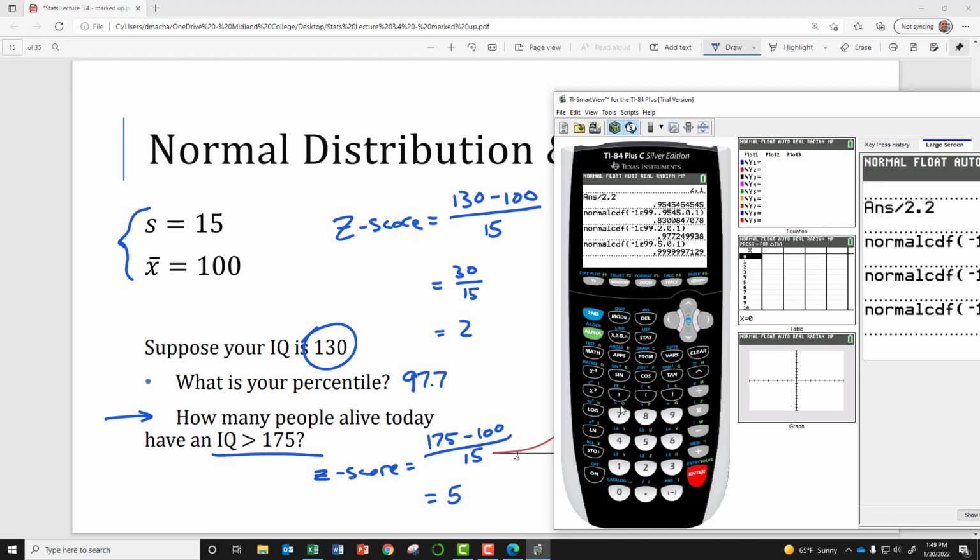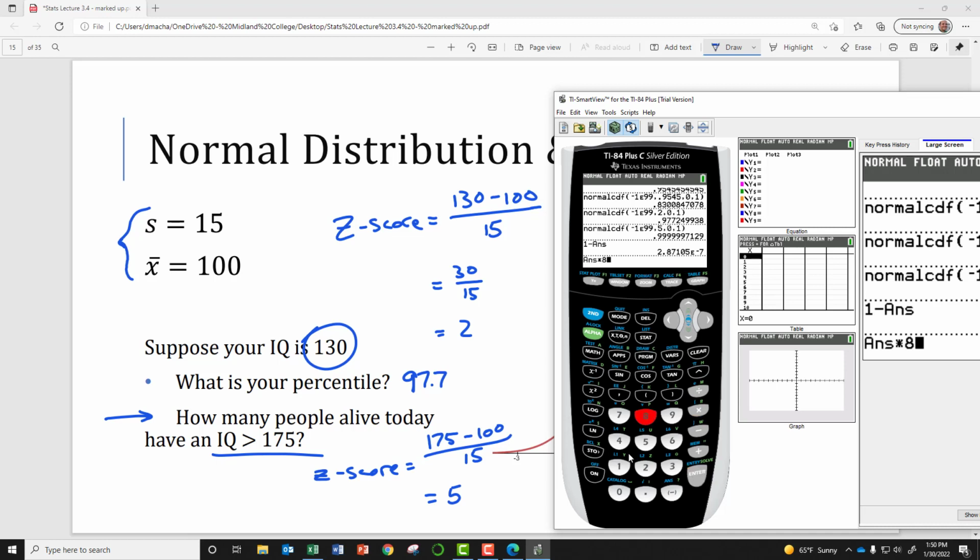But there are actually 8 billion people alive today. And so if you were going to find out how many people alive today have an IQ better than 175, well, first, I'm going to do 1 minus that number. That means, if this is the 99.99997 percentile, then this number, 0.000000287, is the decimal of the number of people who are more intelligent than an IQ of 175.